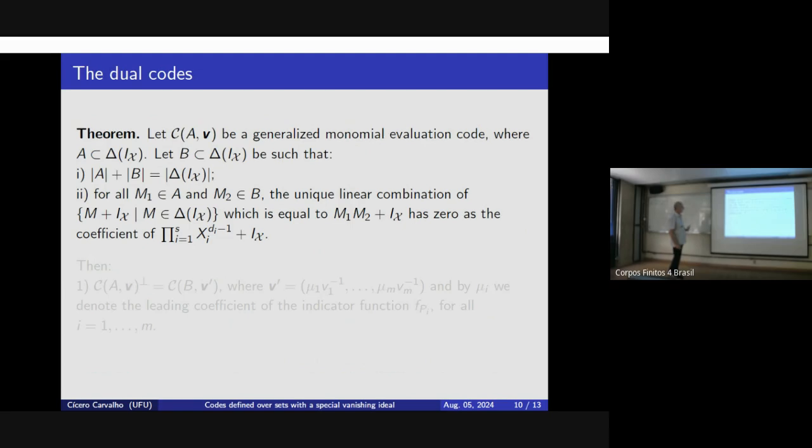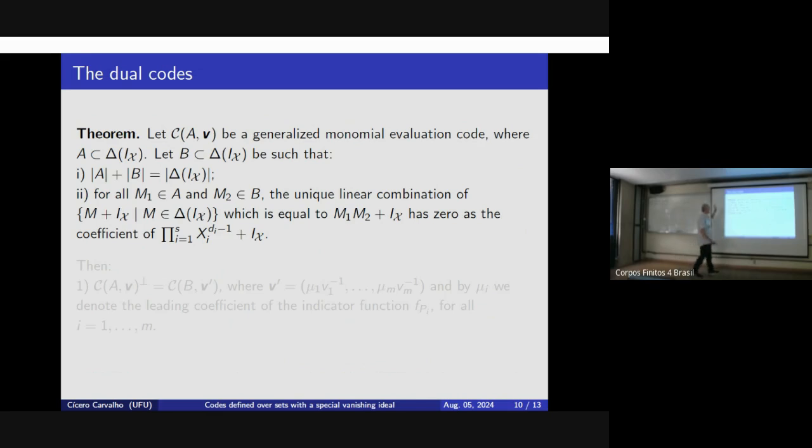But this was important to prove this theorem. So consider the generalized monomial code, where you choose a subset A of the monomials. Let B now be a set of monomials, also in the footprint, such that the cardinality of B, together with the cardinality of the chosen set A, is the cardinality of all the monomials in the footprint.